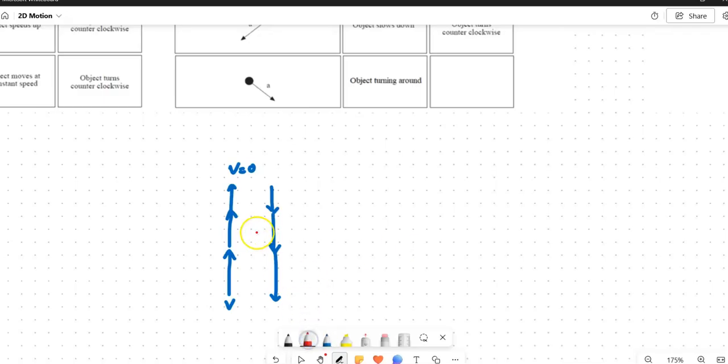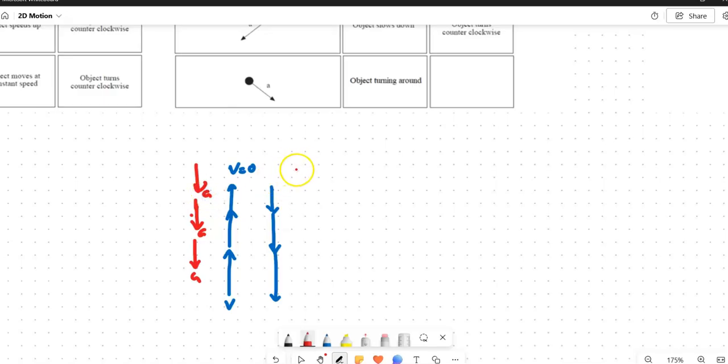Now, acceleration is on it the whole time. Gravity, like we learned, does not turn off. So that acceleration vector is working the whole time. I'm going to try drawing those the same size. Okay? Even when it's not moving.